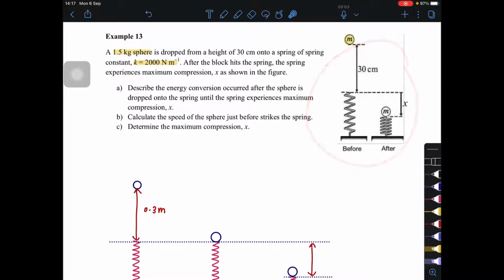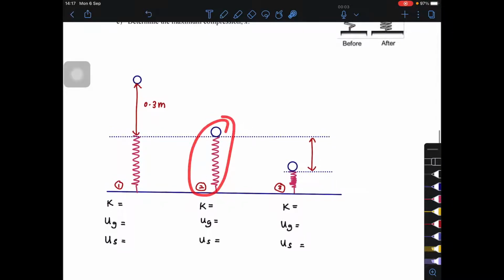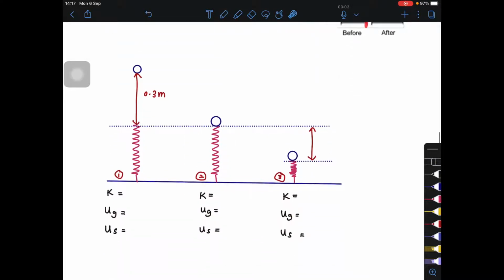We want to see it clearly. So Miss pun lukislah the diagram here where I add another situation in between here. What happened in between? Initially mass tu dia dekat sini kan, which is 0.3 meter di atas spring. So spring ni dia tiada compression, dia tiada extension.